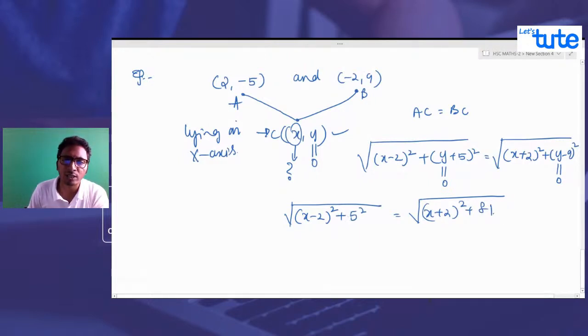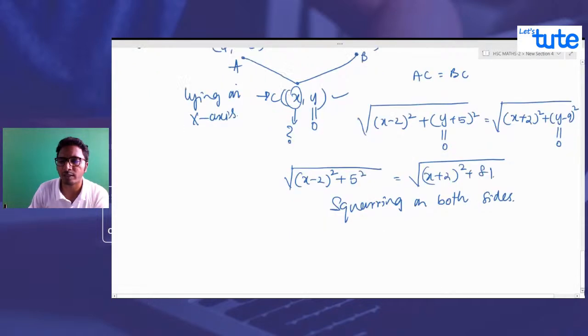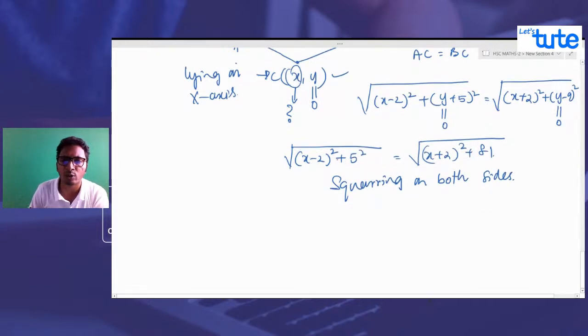For getting rid of this square root, let us square on both sides. When we square on both sides, square root will disappear. So we will get x minus 2 the whole square plus 81 equals to x plus 2 the whole square.